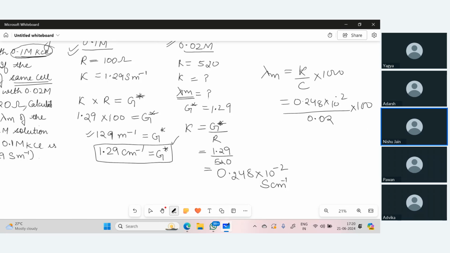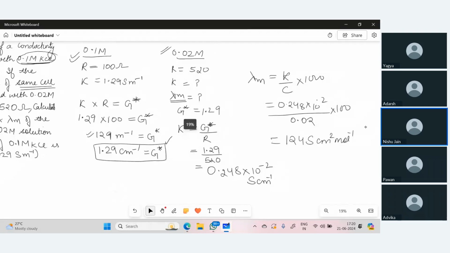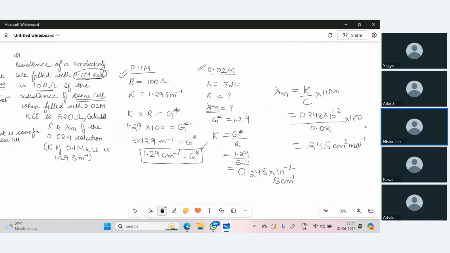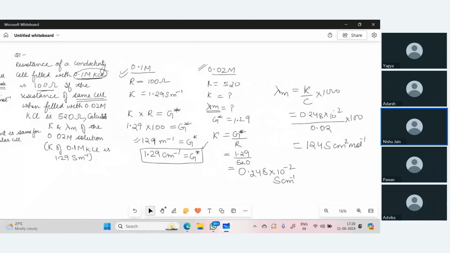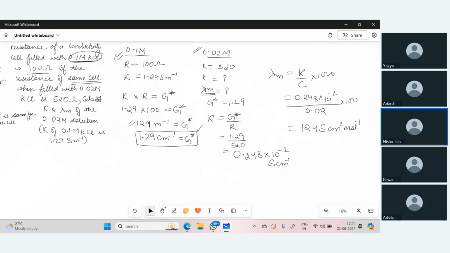When you solve it, you will get 124 Siemens centimeter square per mole. So that is the answer. All of you just check once, read the question, see the solution and tell me if you have a doubt. I will repeat: this formula kappa into R is equal to G star we are using in this numerical.